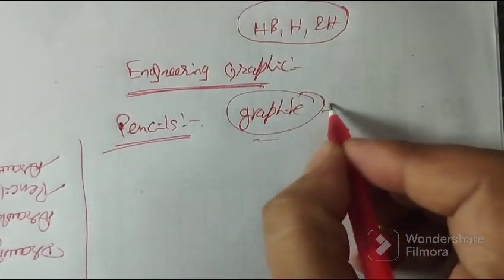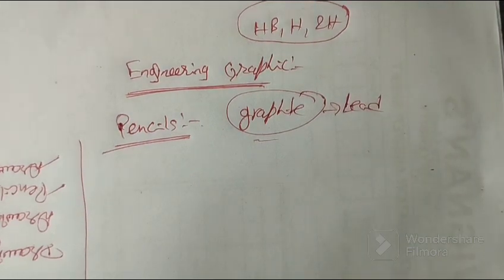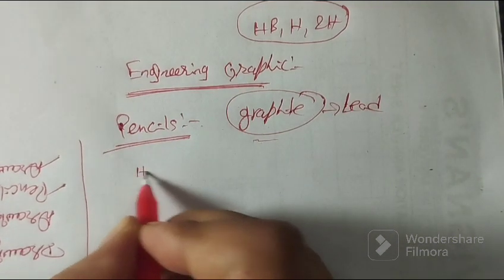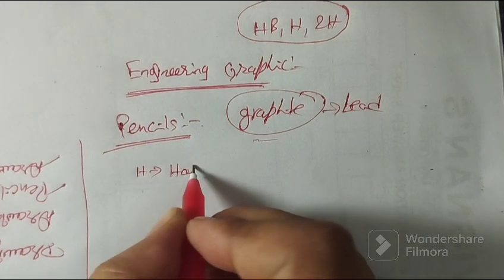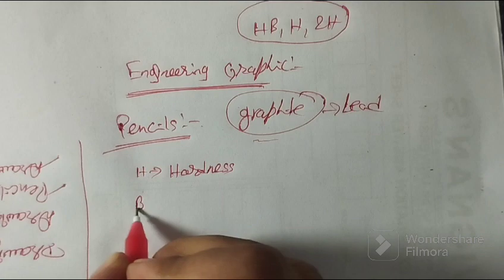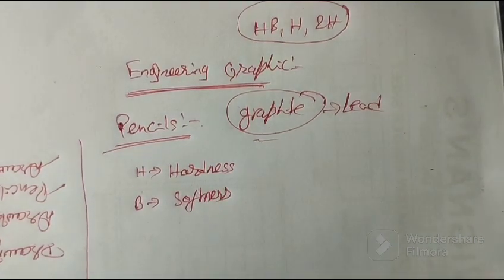The lead used in a pencil is made up of graphite, which is soft and black in color. But with that softness and hardness, we have different types of pencils. As we know, H stands for hardness and B stands for softness.